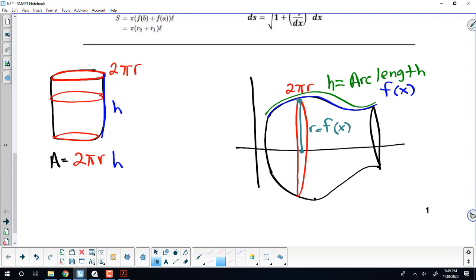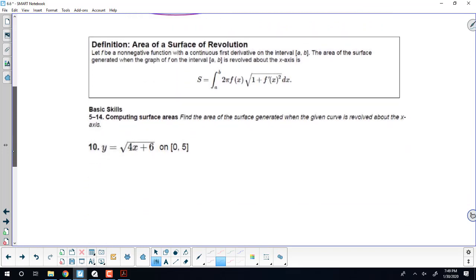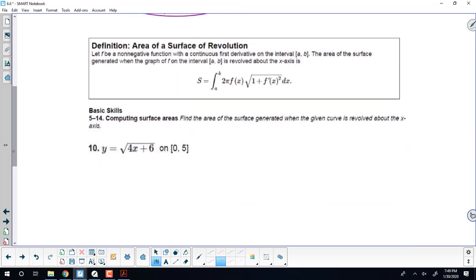We have to sum up all of those, 2 pi times f of x times the arc length, which is the formula we just saw in the last section. So here you go, the rest of the derivation and the formula for surface area.